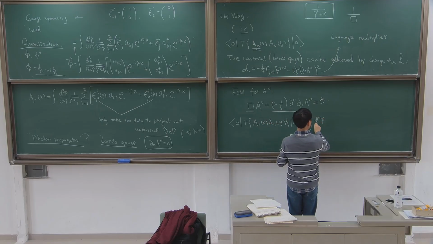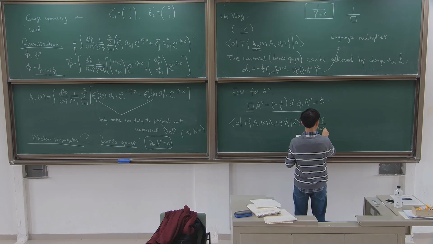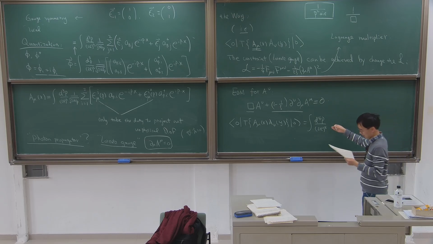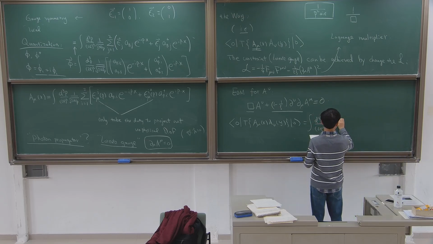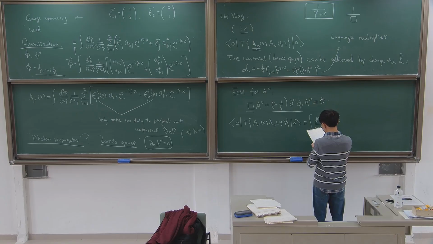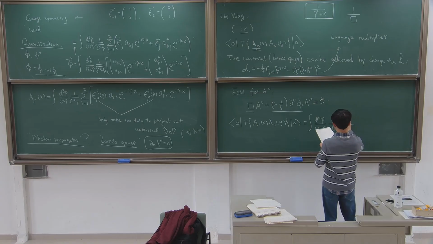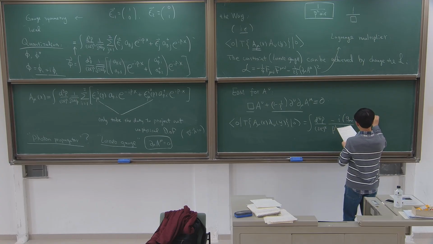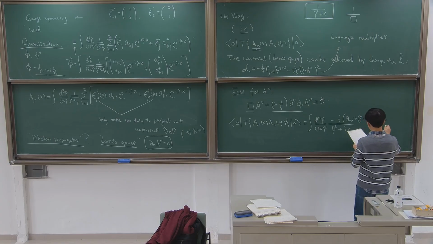Let me write it in a standard way. In coordinate space, we can write it as a p integral, and the integrand will be the momentum space propagator with this i epsilon as said. There's a non-trivial numerator, which is g mu nu plus the Kc minus 1 p mu p nu over p squared.